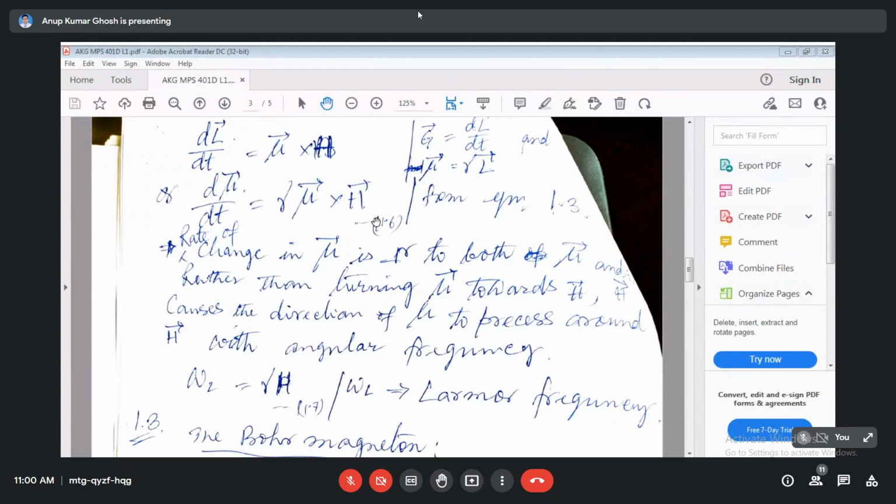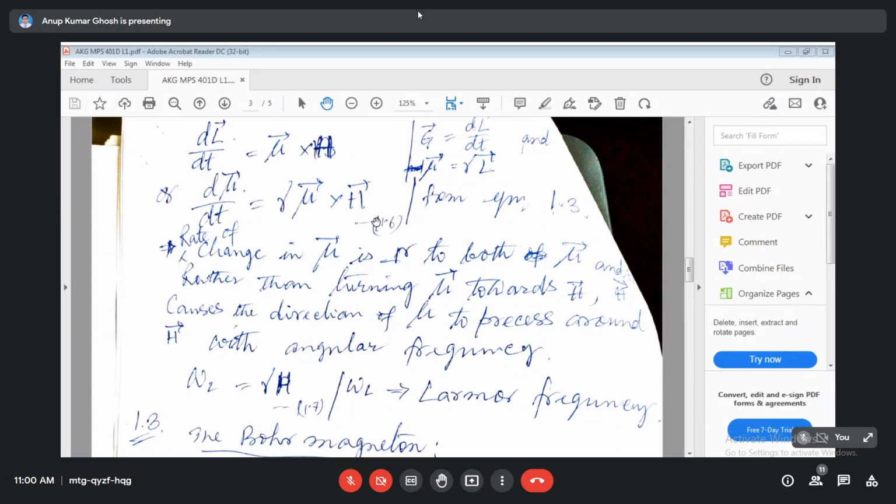Let's say H is in the direction of the z axis, and mu is, let's say, along the x axis. So the movement will be in the y axis, and that is possible when the magnetic moment mu precesses around the z axis.